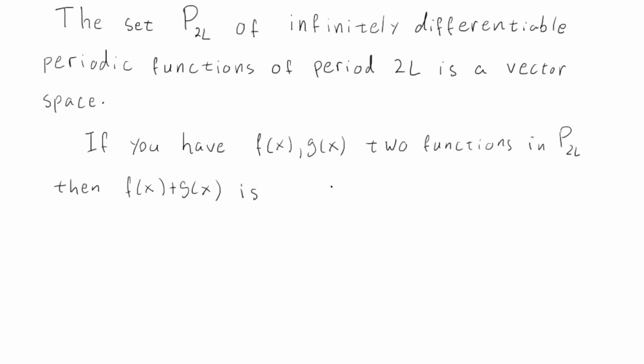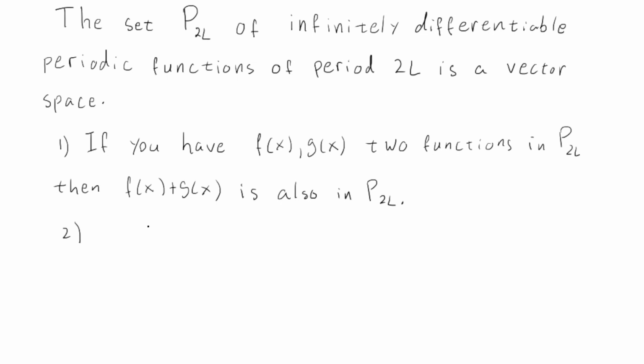Meaning if f of x is infinitely differentiable and periodic of period 2L, and g of x is infinitely differentiable and periodic of period 2L, then f of x plus g of x is also infinitely differentiable, and it is also periodic with period 2L, so it is also in P2L. So that's one thing that makes this a vector space. It makes it an abelian group, I guess.